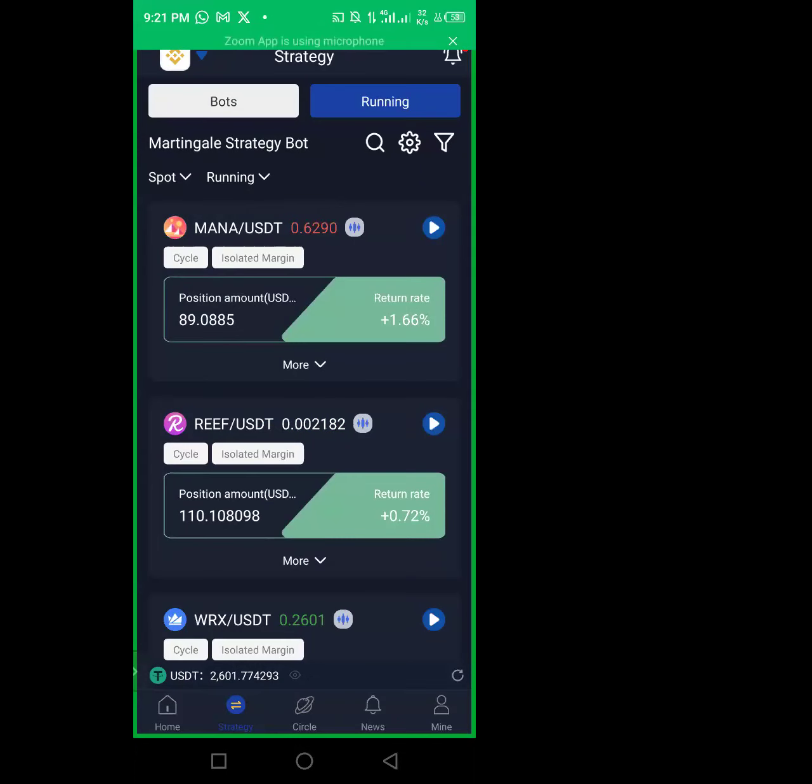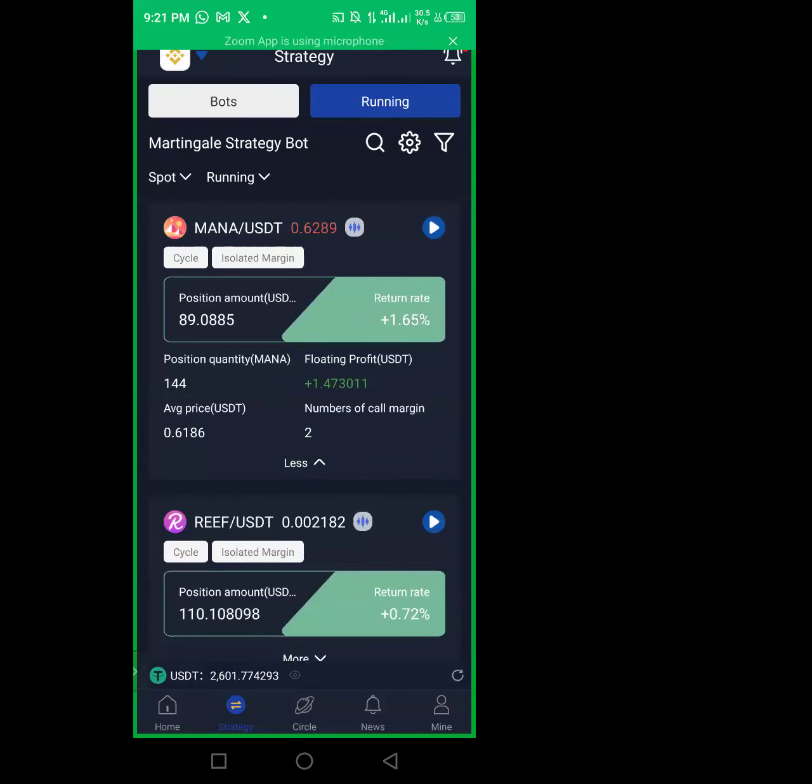It has done 1.6, but look, my profit is just 1.47. Mana like that I'm seeing now is on a boost, is on ginger, is boosting. But me, I don't like this profit I'm seeing, 1.5, and I have spare. In this case, I have spare, so I can manipulate the market well.